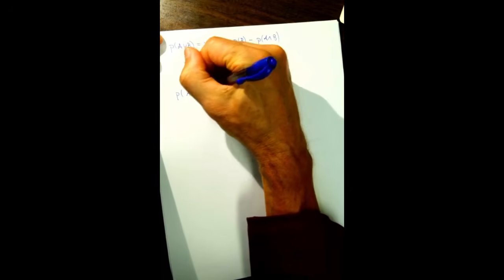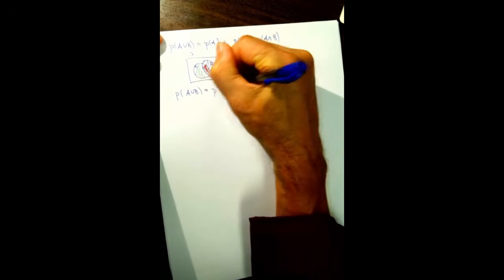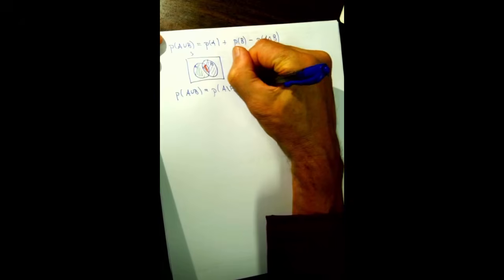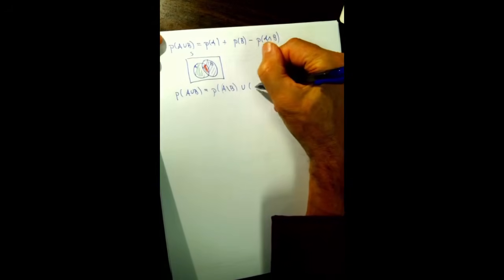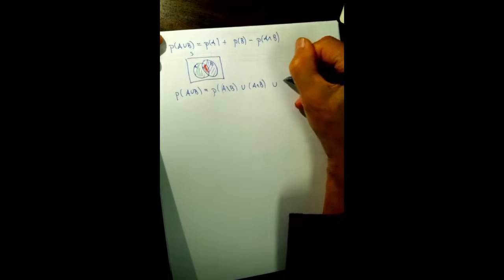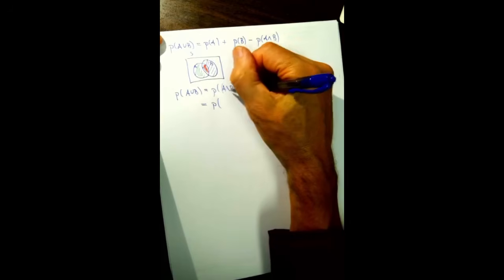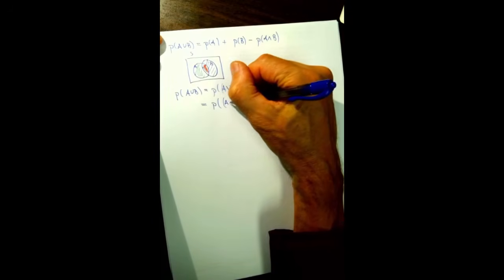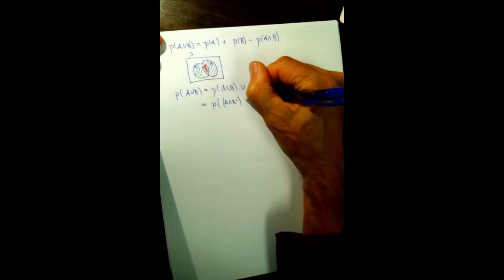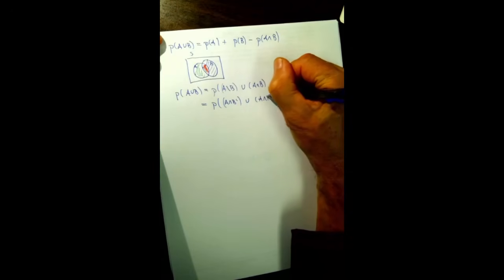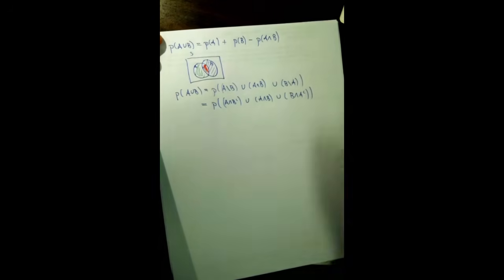And now if I can write it like that, the probability of A or B is the probability of A but not B, or A and B, or B and not A. So let's see. The probability of A and not B is going to be A and B complement, or A and B, or B and A complement.